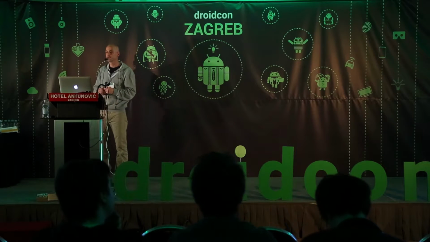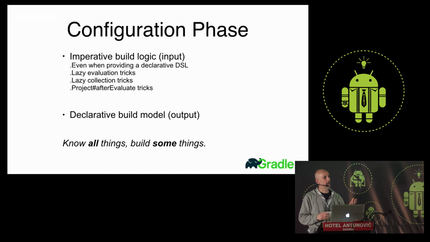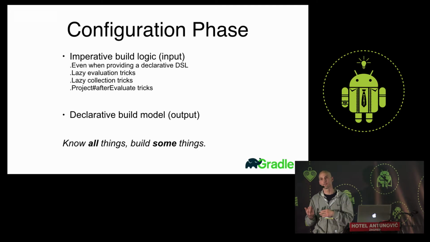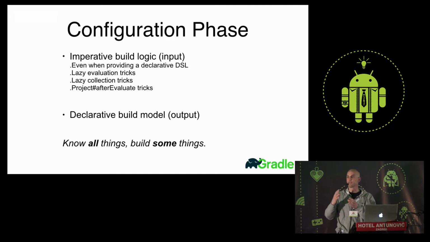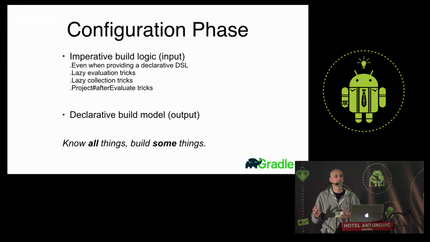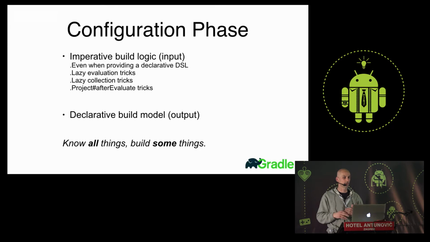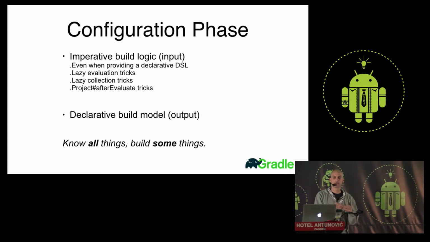If you look at the configuration phase, and that's probably very interesting for Android people, even though you have a very declarative model, what's currently happening behind the scenes is quite imperative, which means Gradle doesn't really know much about what is behind that model, because imperative code is kind of impossible to analyze for Gradle. This means the Android team that develops the Android Gradle plugin has to use a lot of tricks to make it work with such a nice little DSL.